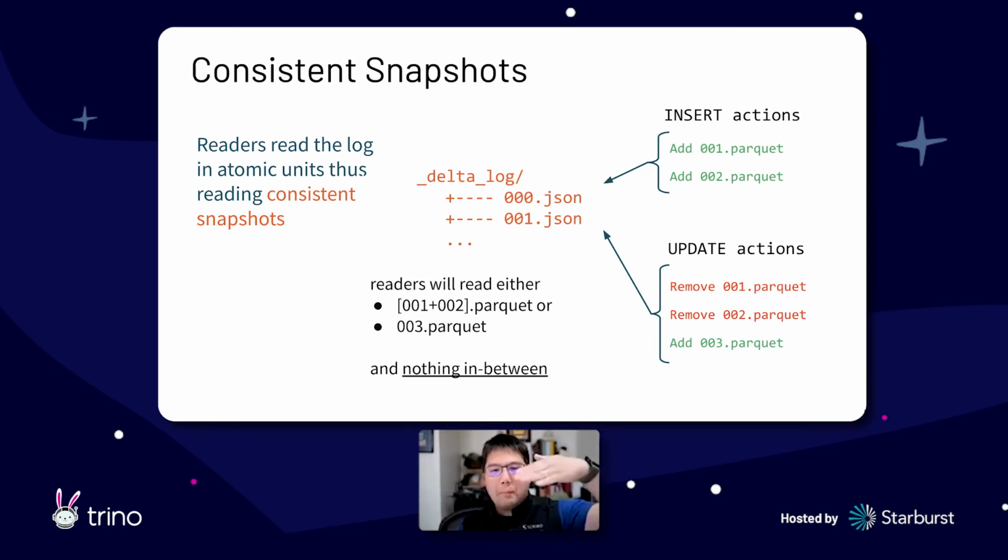Any query that happens between 1 o'clock and 1:59:59.999 will ensure it reads the 01 and 02 parquet files from the insert action. But at 2 o'clock, when the 01 JSON gets committed, it'll only read the 03 parquet files. So any of the readers, to ensure consistency, will only read either 01 and 02 parquet or 03 parquet, but nothing in between, because that way you have consistency when you're reading your data.